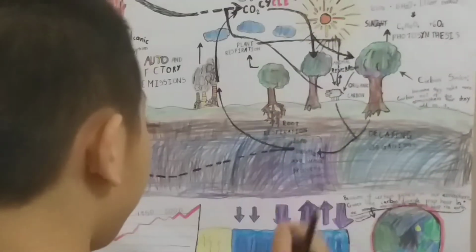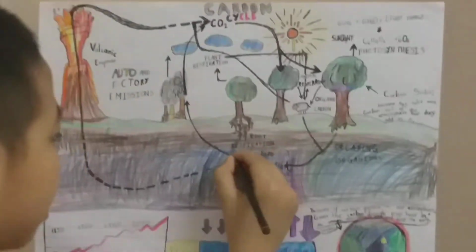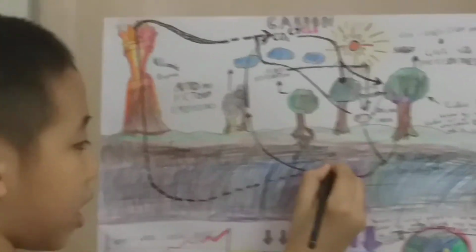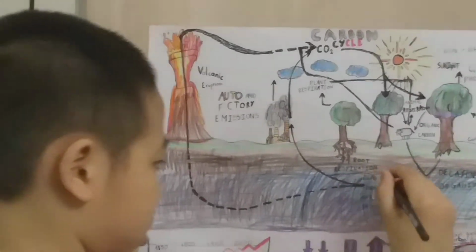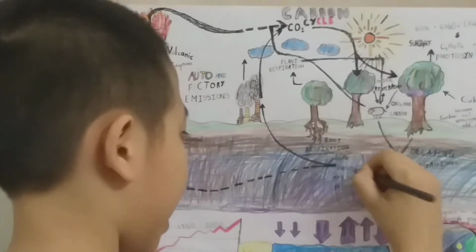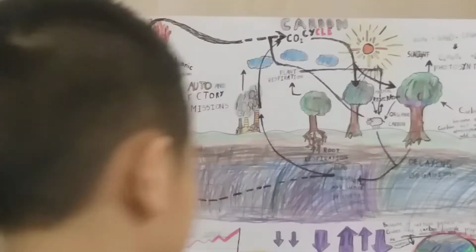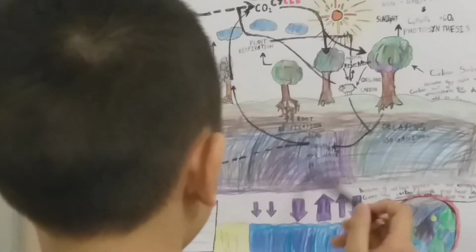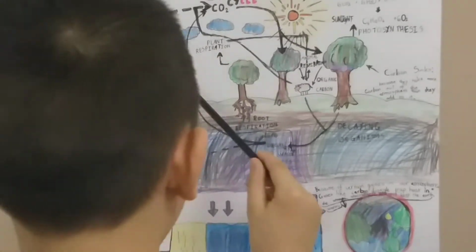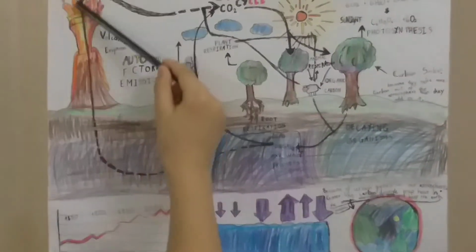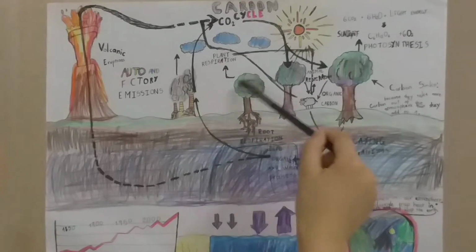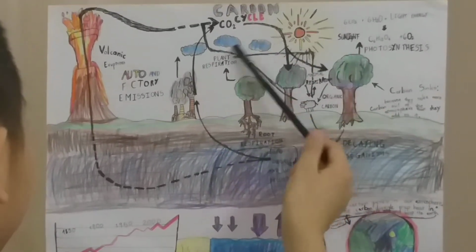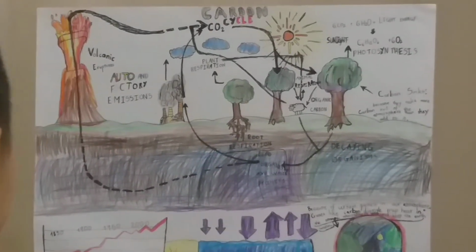Dead organisms and waste products go back, and fossils too. Then they are used as fossil fuels, or they can go back through volcanic eruptions. It goes back and starts again.